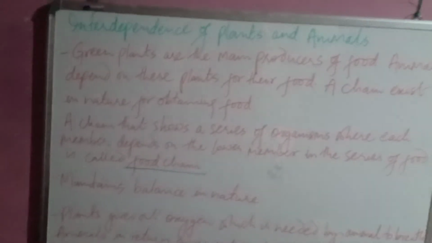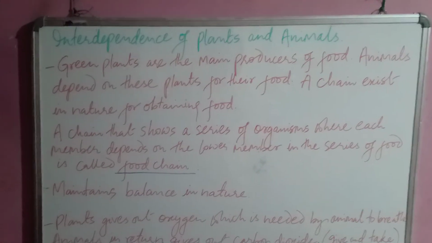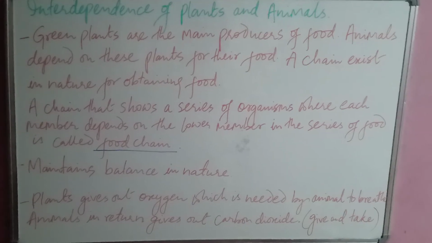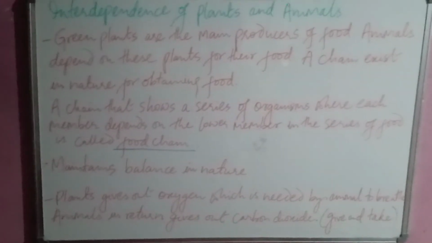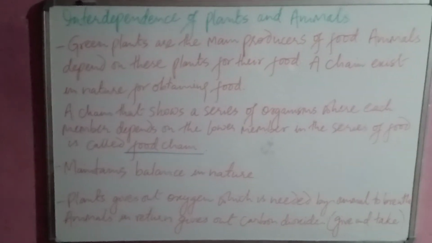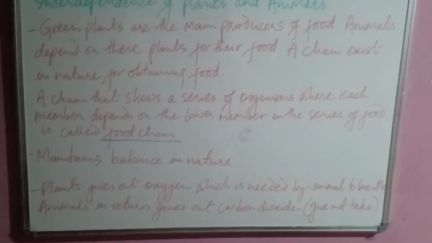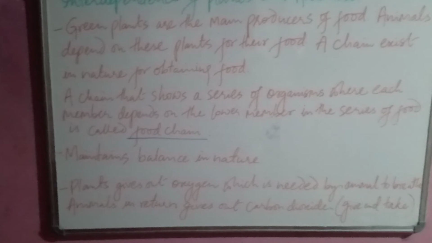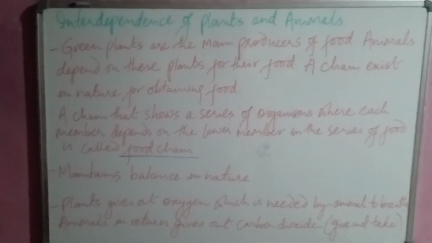That means if there are more plants or more animals, there won't be balance in nature, because many trees won't help those animals, and many animals won't help any trees.